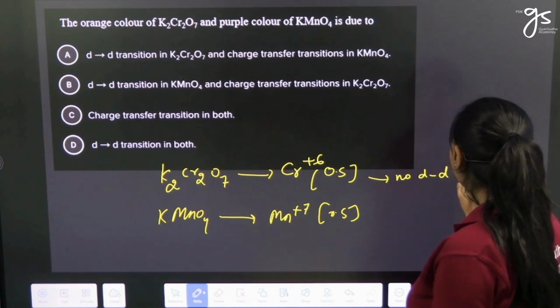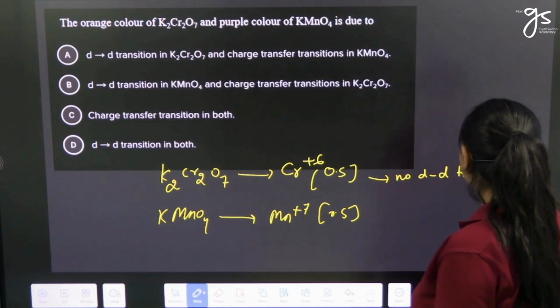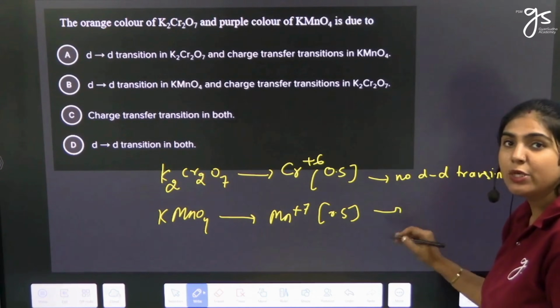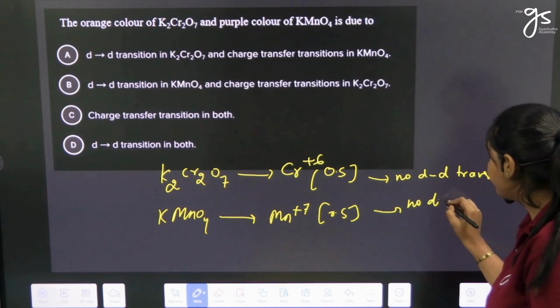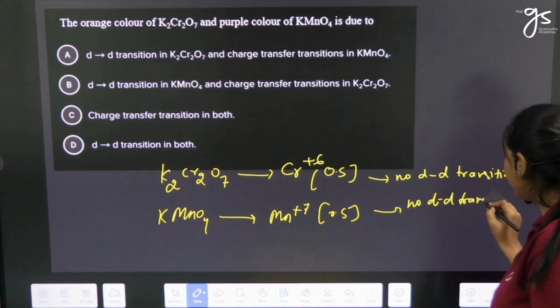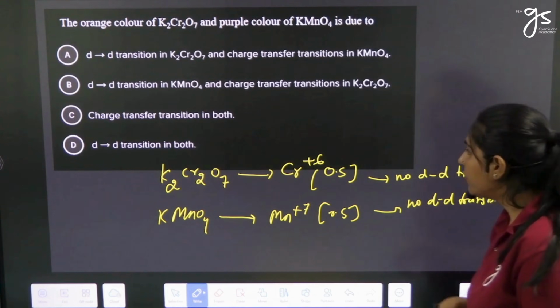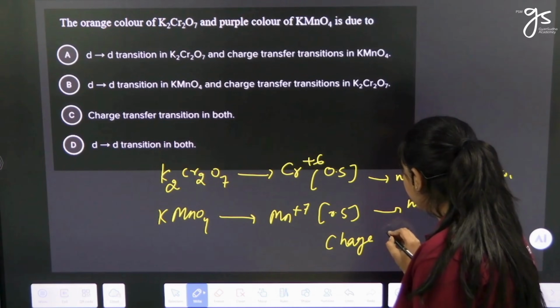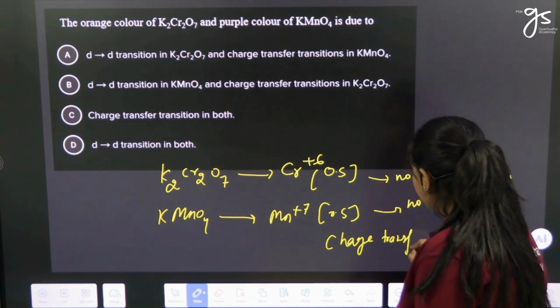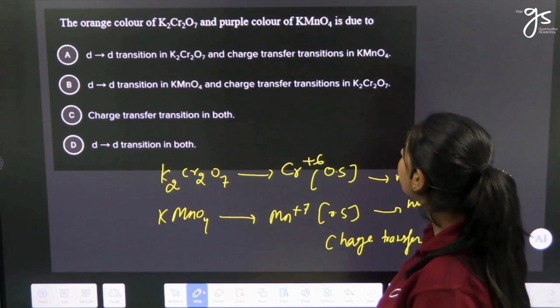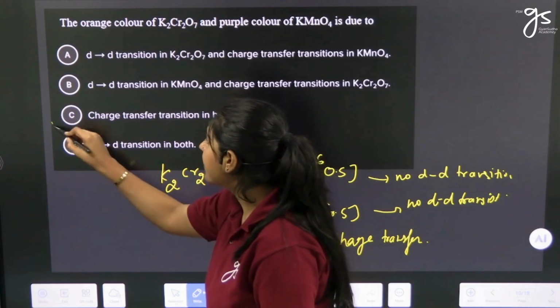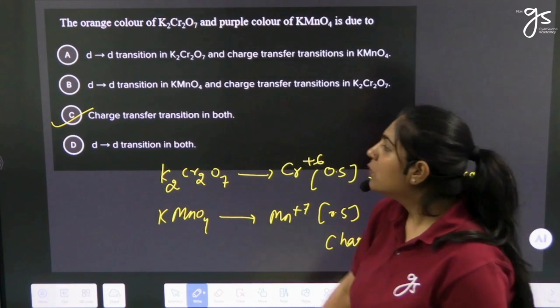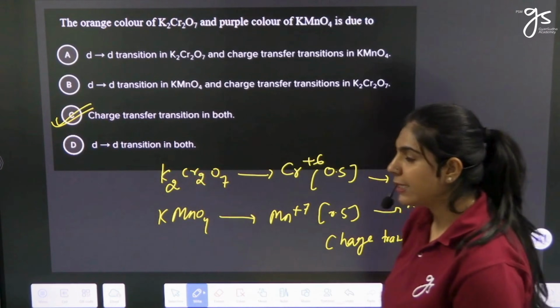The electron will not move from one d orbital to another, and in this case as well there is no d-d transition. So the difference in their colors is due to the charge transfer. In both the cases there will be charge transfer. So our correct option will be option number C.